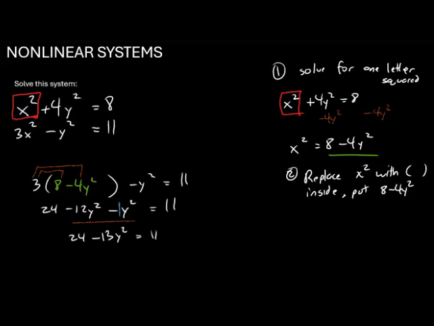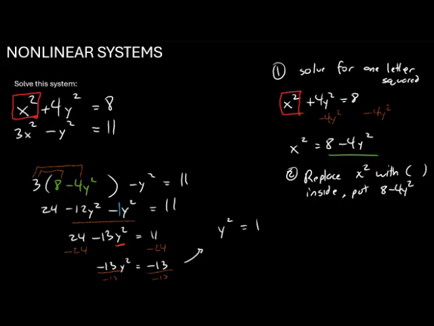To get the y squared by itself, I'm going to need to move the 24 to the other side, so I subtract. If I do that subtraction, I now have negative 13y squared by itself on the left, and 11 minus 24 gives negative 13. Then I may divide both sides by negative 13. When I do that division, I'll end up with y squared equals 1.